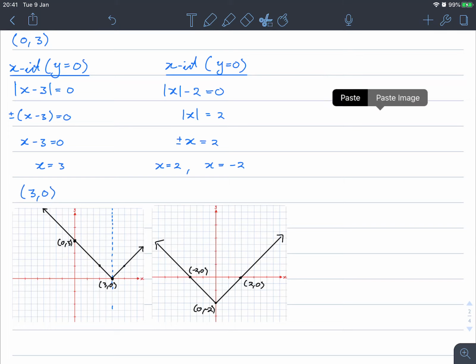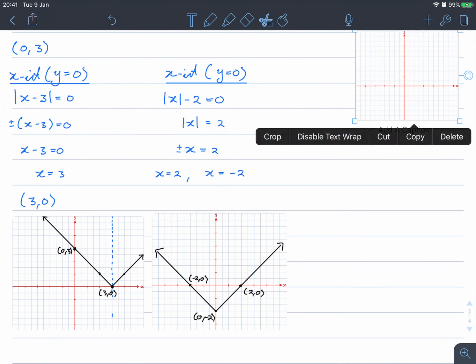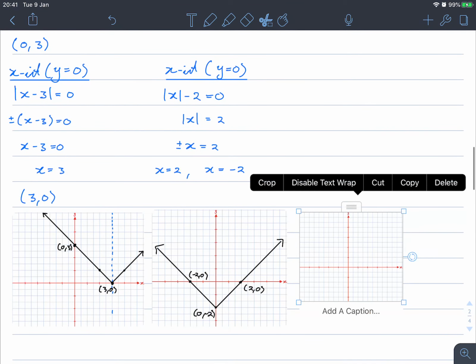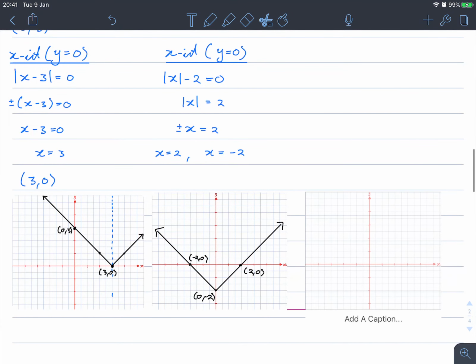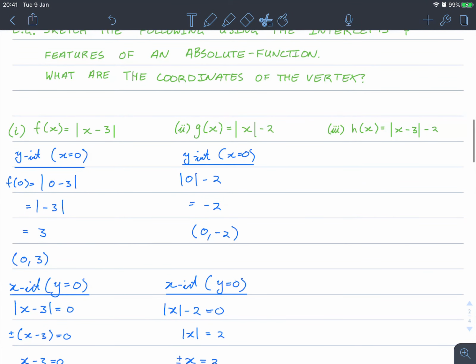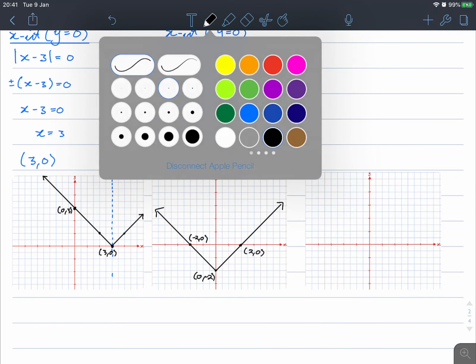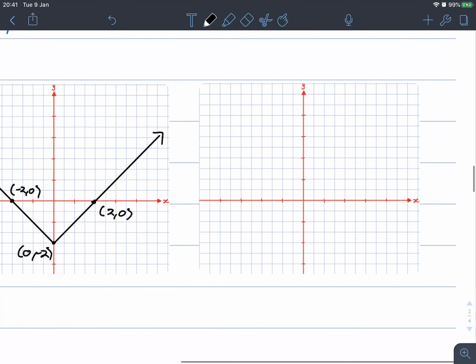So just quickly graphing this out, we can graph the function h, this one here, very quickly, just by looking at these previous two graphs. So it's going to be at 3 minus 2.